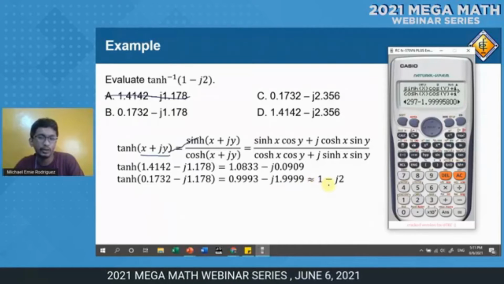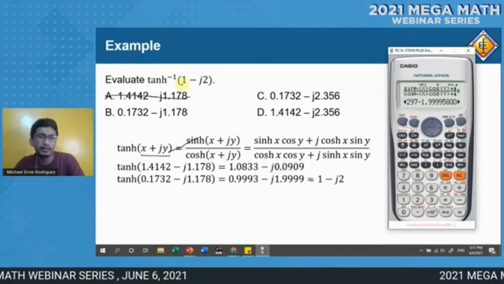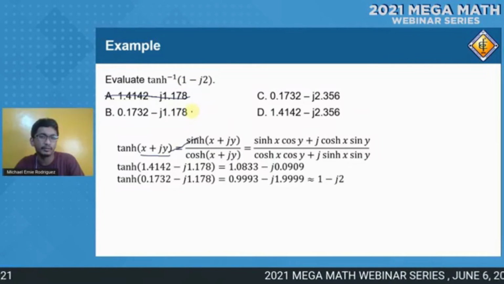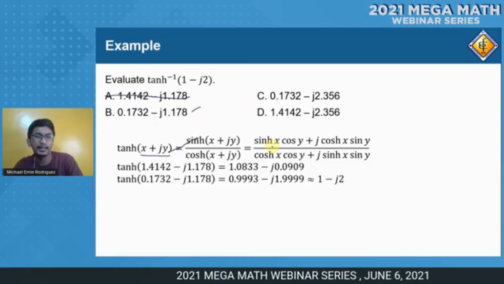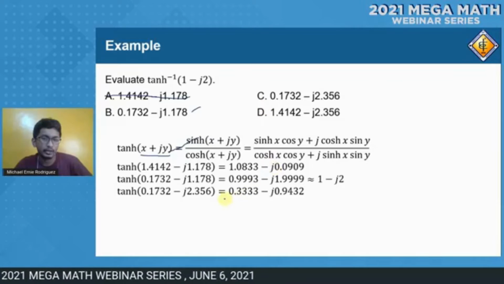That is approximately equal to 1 minus j2. Ito yung tanong natin, 1 minus j2. So this is our answer. Pag tinry natin yung iba, C and D, ito siya.